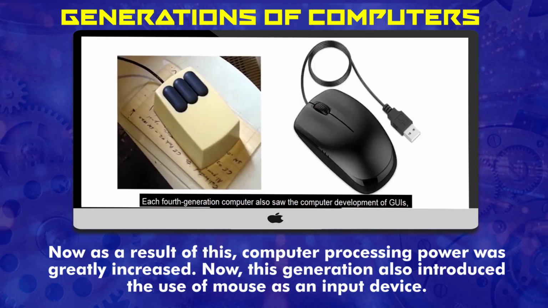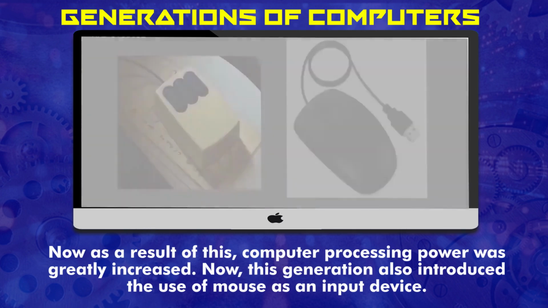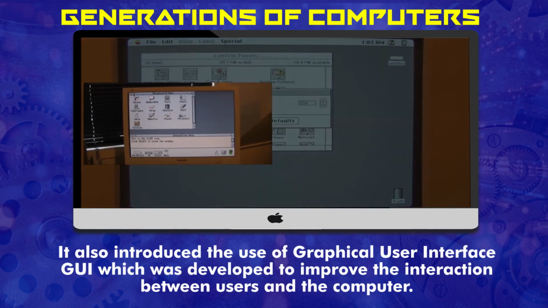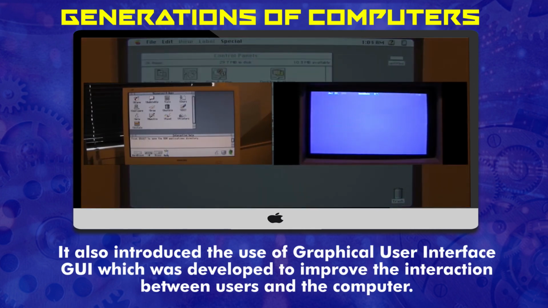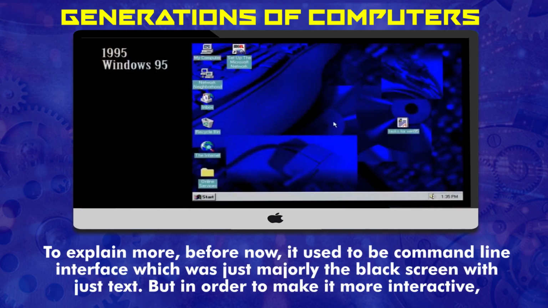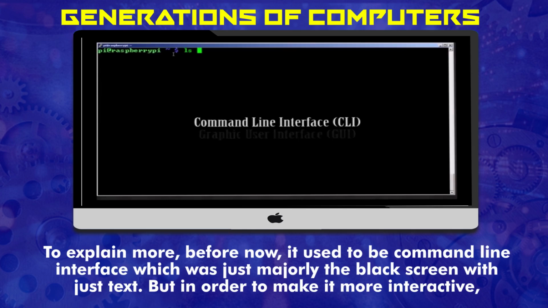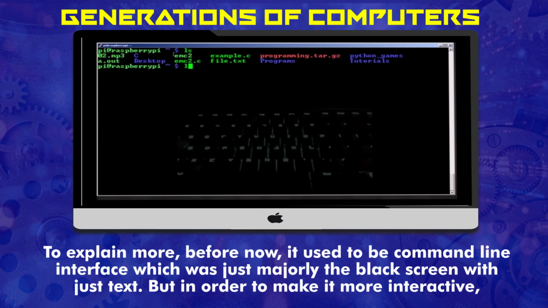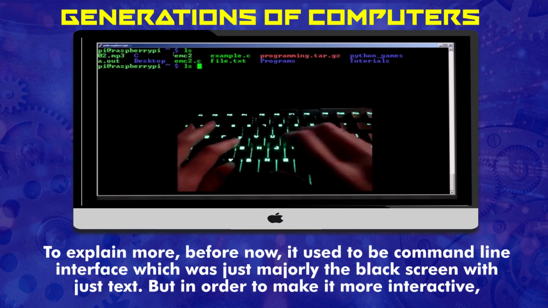Now, this generation also introduced the use of mouse as an input device. It also introduced the use of graphical user interface, GUI, which was developed to improve the interaction between users and the computer. To explain this a bit more, before now, it used to be command line interface, which was just majorly the screen on black with just text.